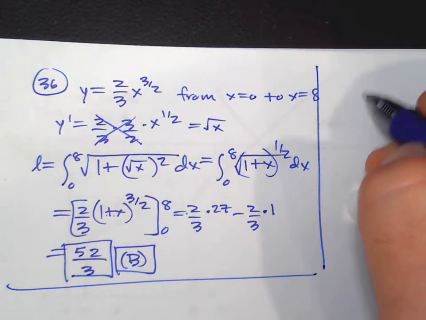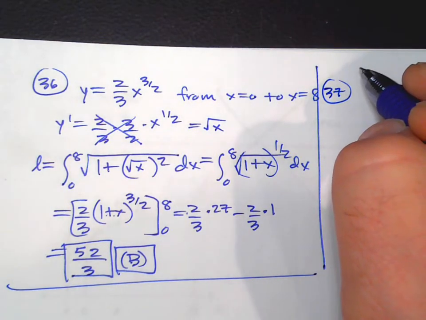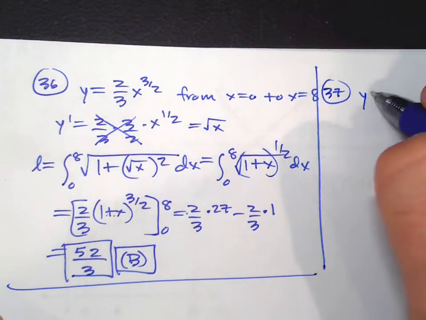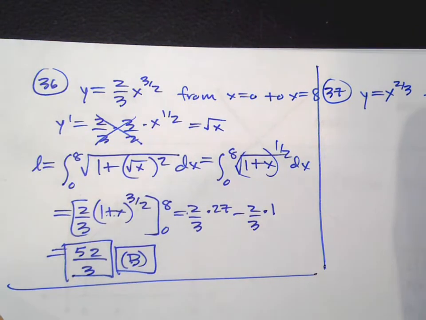Okay, and then 37 says, which of the following expressions could be used to find the length of the curve y equals x to the 2/3 from x equals -1 to x equals 1.